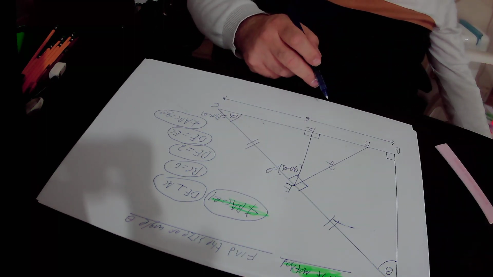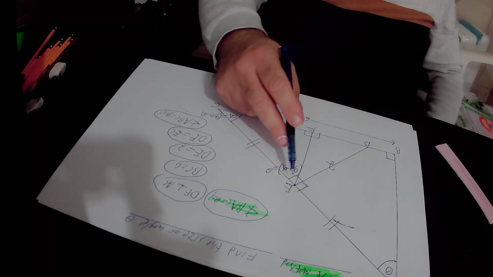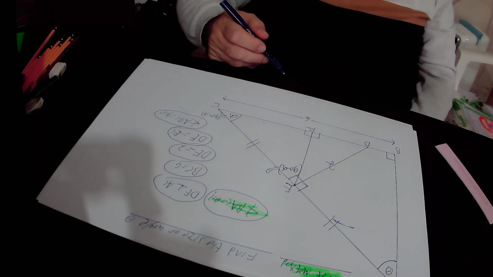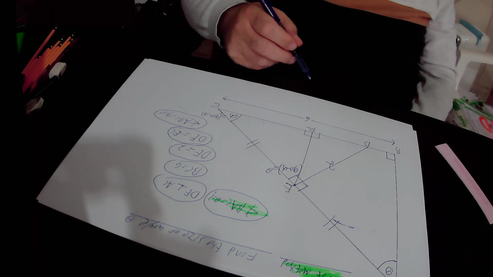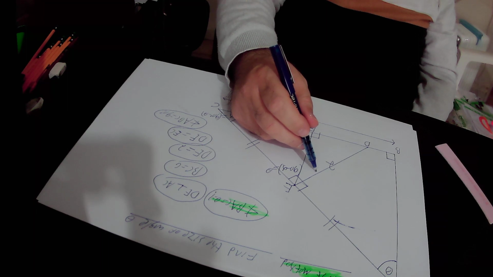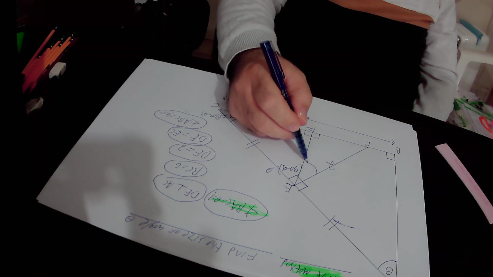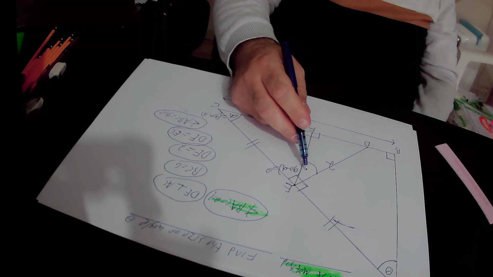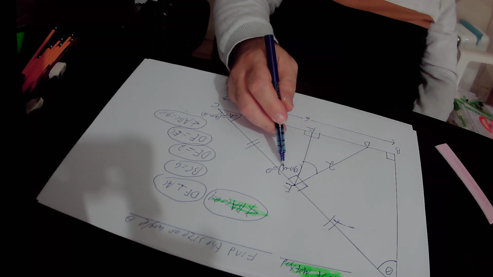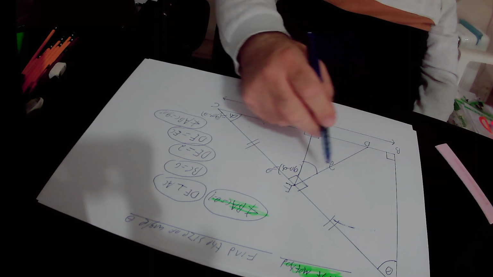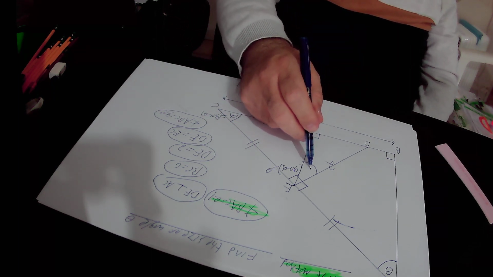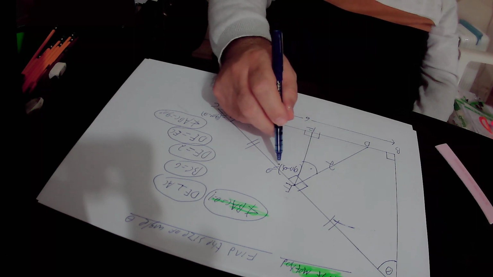We know that angle DEC, this angle equals 90 degrees, according to what is given in the question. So what is the size of this angle? The size of this angle must be equal to 90 degrees minus 90 degrees minus alpha, because if all the angles together equal 90 degrees, then the size of this angle will be equal to 90 degrees minus 90 degrees minus alpha.